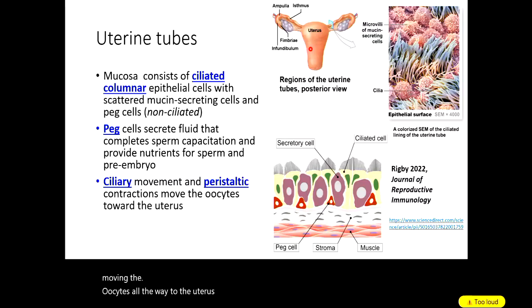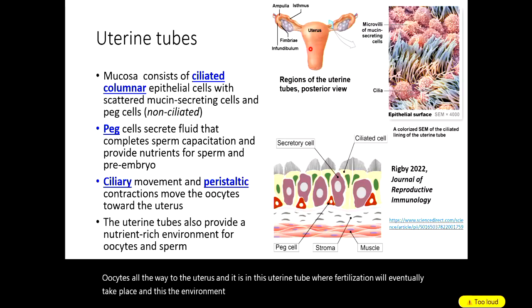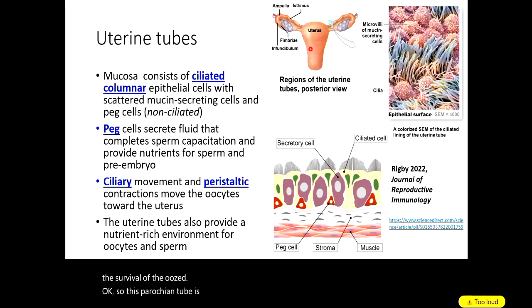And it is in this uterine tube where fertilization will eventually take place, and the environment in this uterine tube is going to be pretty nutrient rich for the survival of the oocyte. Okay, so this fallopian tube is where fertilization takes place, and it's got these key cells which permit capacitation to be completed for the sperm.